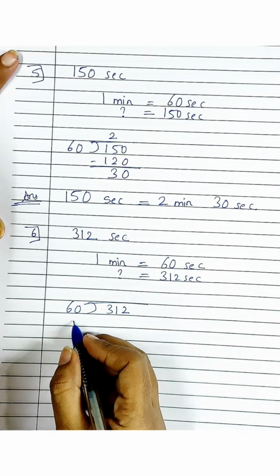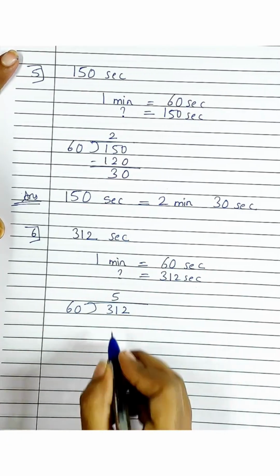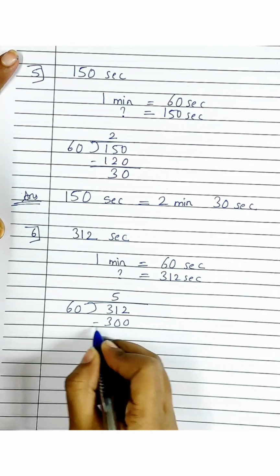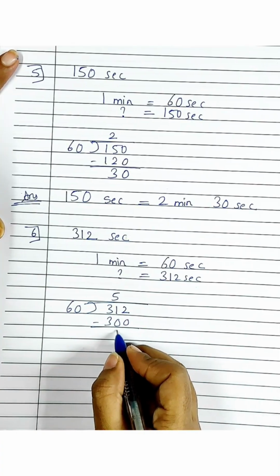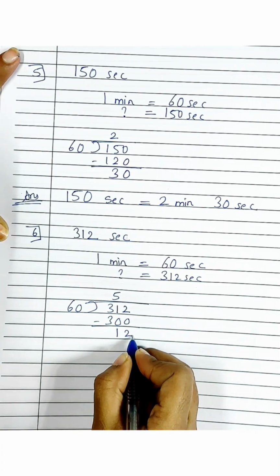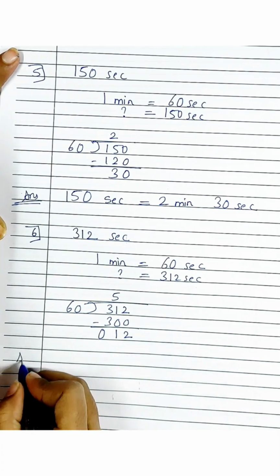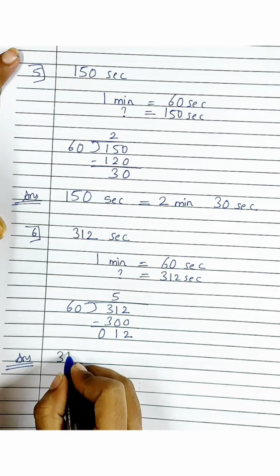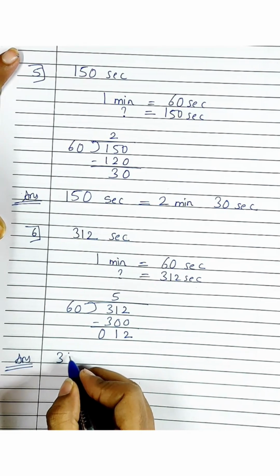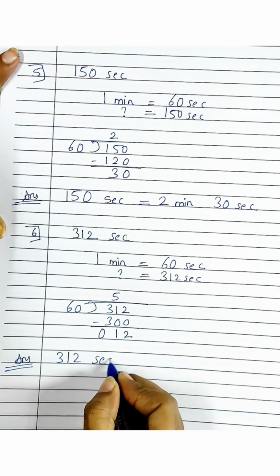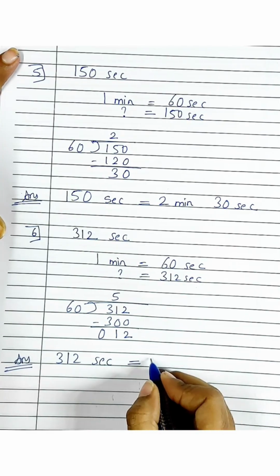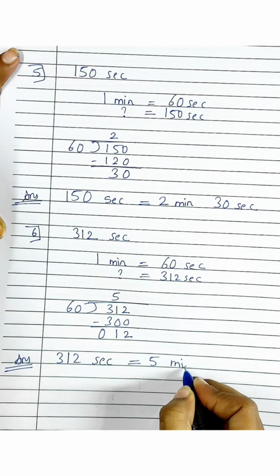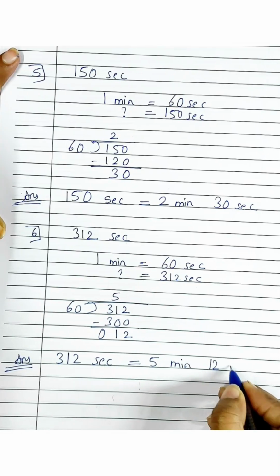So, 60 5s are 300. So, if you divide, your remainder is 12. How will you represent your answer? In 312 seconds, there are 5 minutes and 12 seconds.